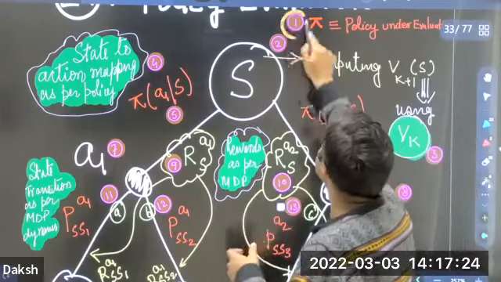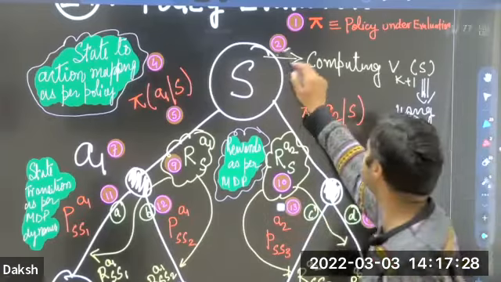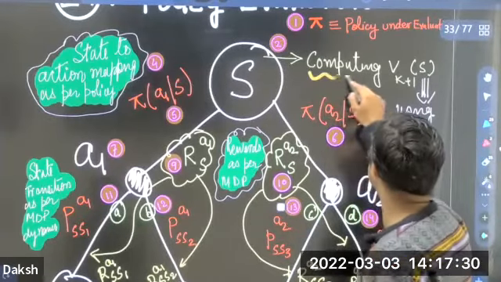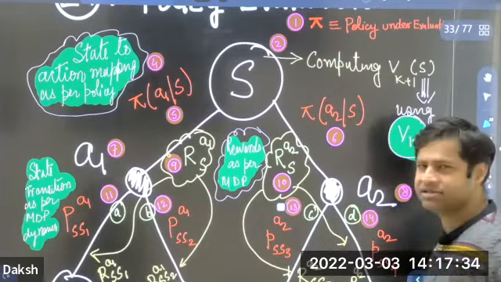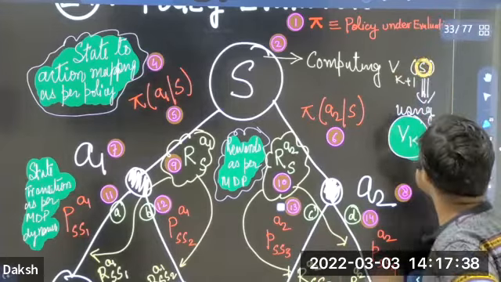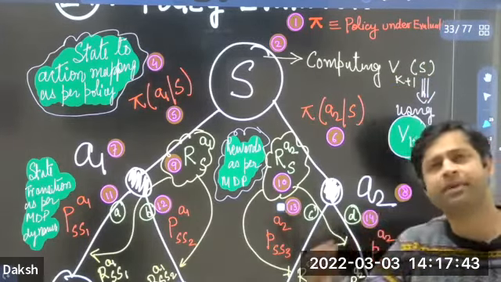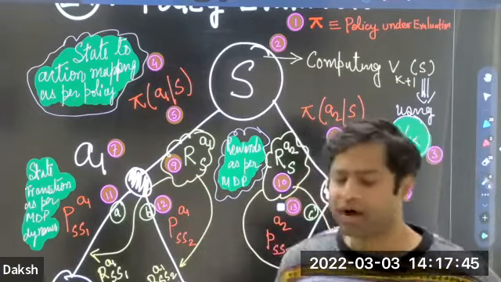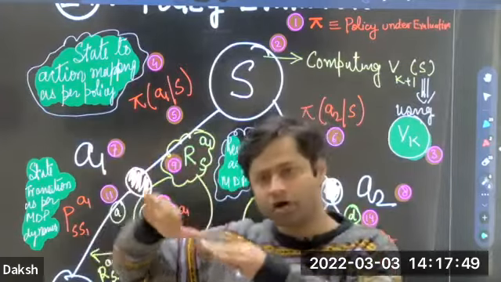Okay, 1, this is policy. 2, we are trying to compute the value function, or in fact the value of my state s, at the k plus 1th iteration. So you understand that the value function is some function not known to us.